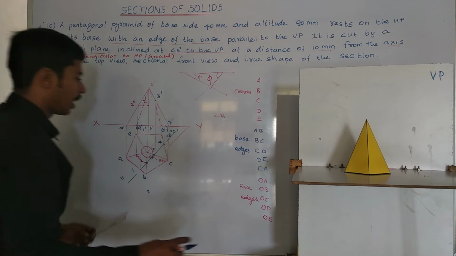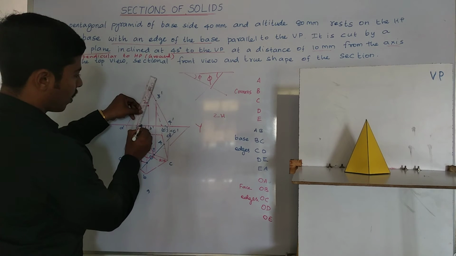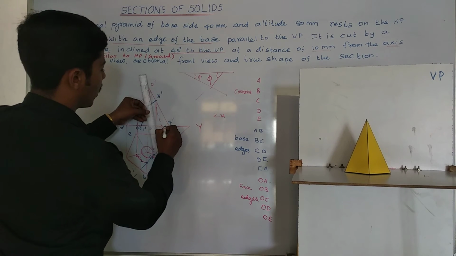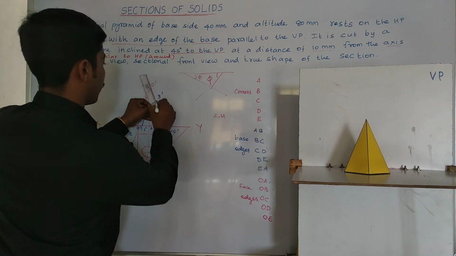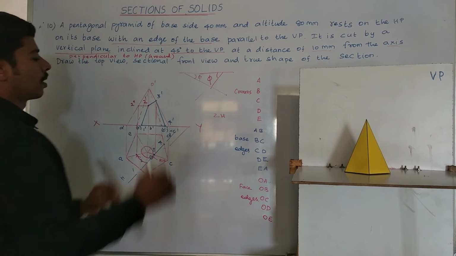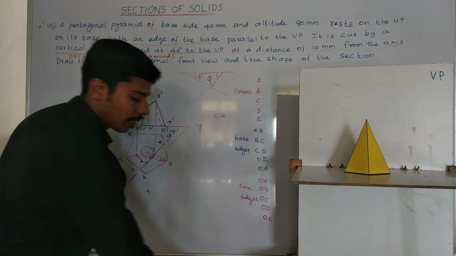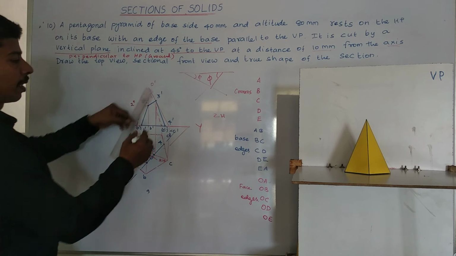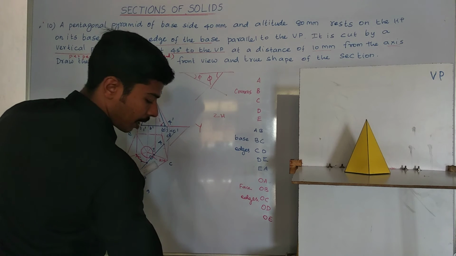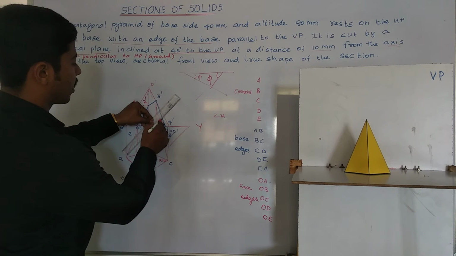So now we can connect 1, 2, 2, 3, 3, 4, 4, 5. That's all it is. Now we can mark section lines, or otherwise I will name it as hatching lines.